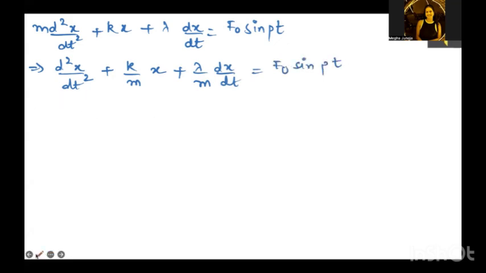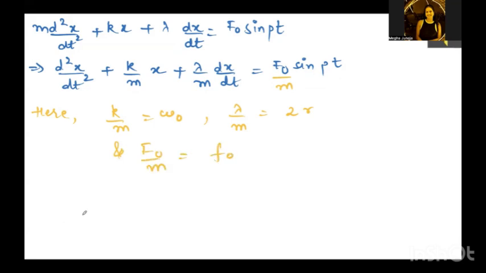So from here we can say that k over m is equivalent to omega naught and lambda over m is equivalent to twice of r. But here we are left over with one more m that is going to come in the denominator of F naught. So let's say that F naught over m is equivalent to this small f naught.